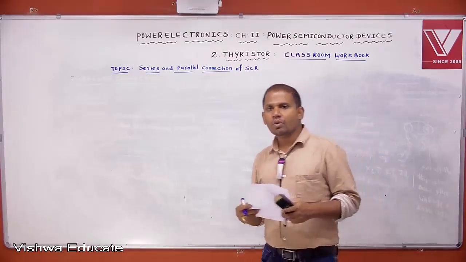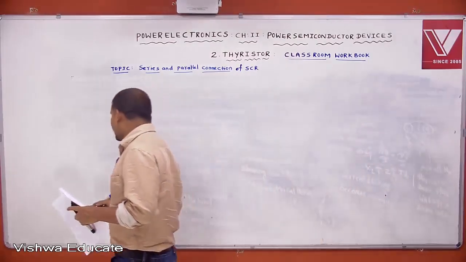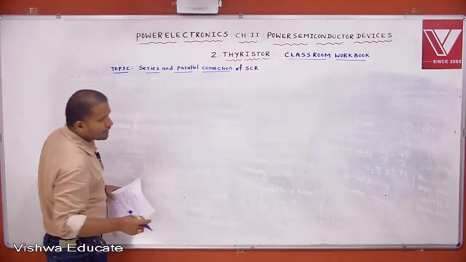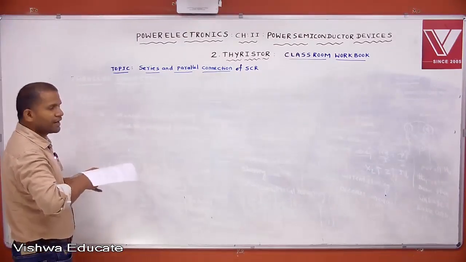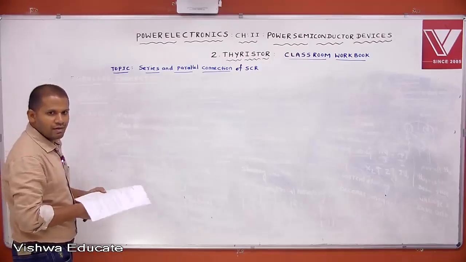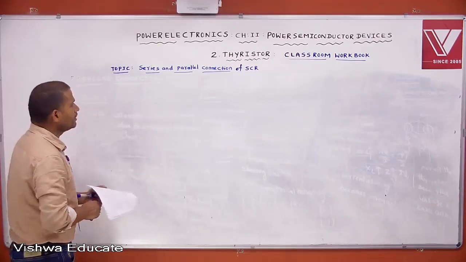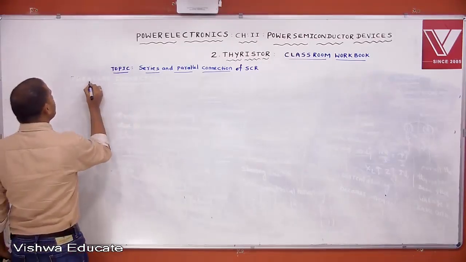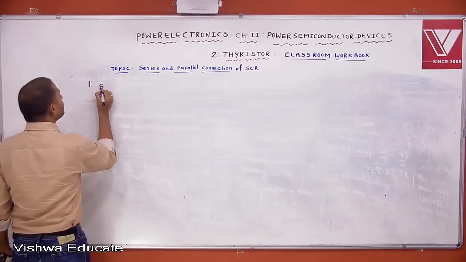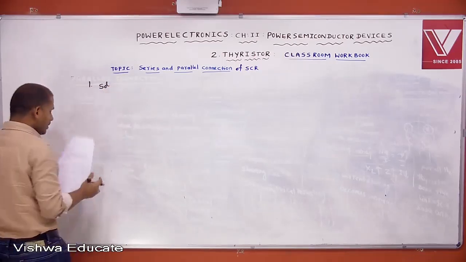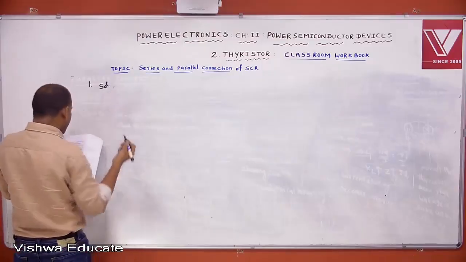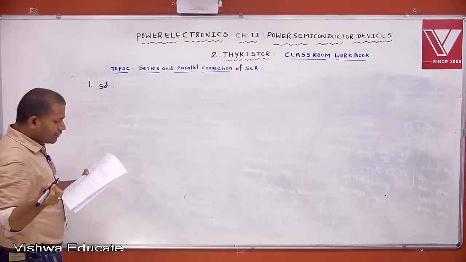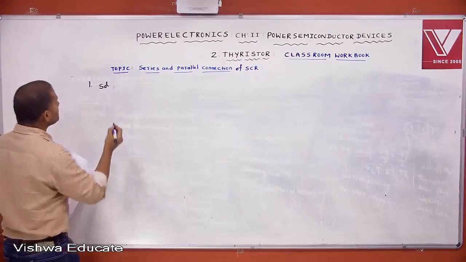That means you want to calculate the number of thyristors in series connection and the number of thyristors in parallel connection. Yes? Given that, see the first one. What is the solution for this problem? What is given? Individual voltage and current ratings and circuit voltage and current ratings are given.